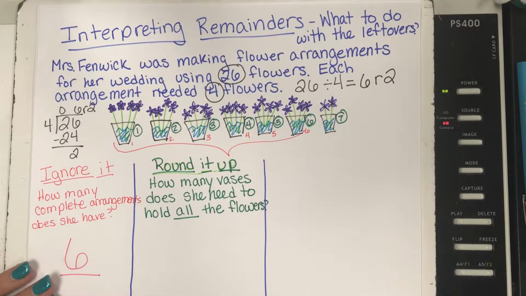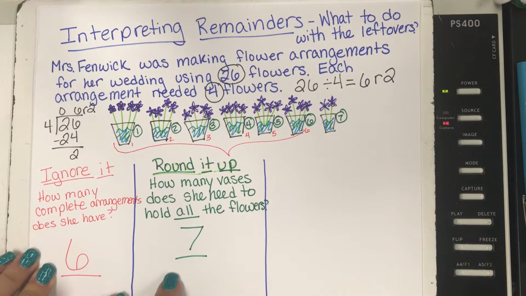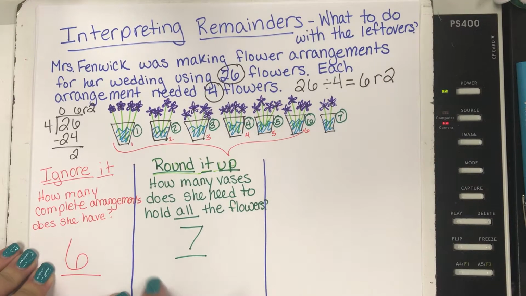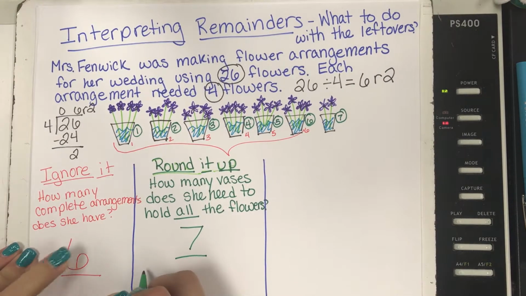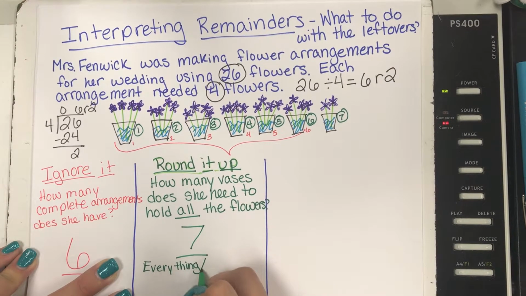So how many vases do I need to hold all of the flowers? 7. I need 7. Okay? Really, the thing I want you to think about here is there can't be any left out. Everything has to be included. Everything or everyone has to be included.